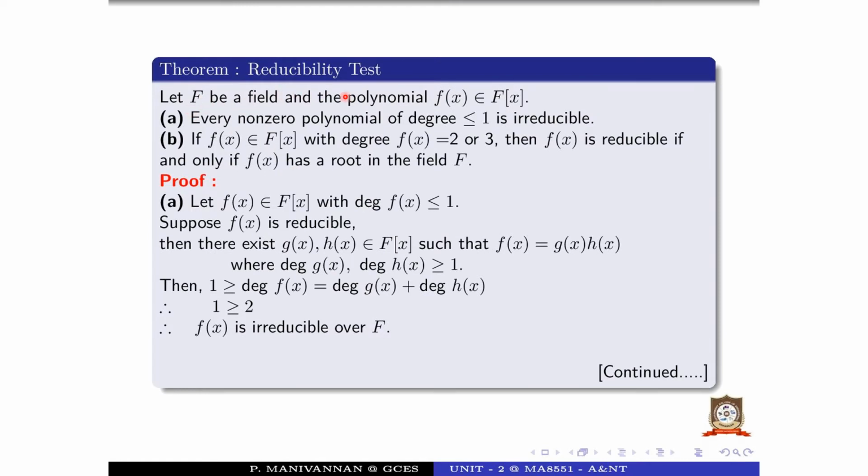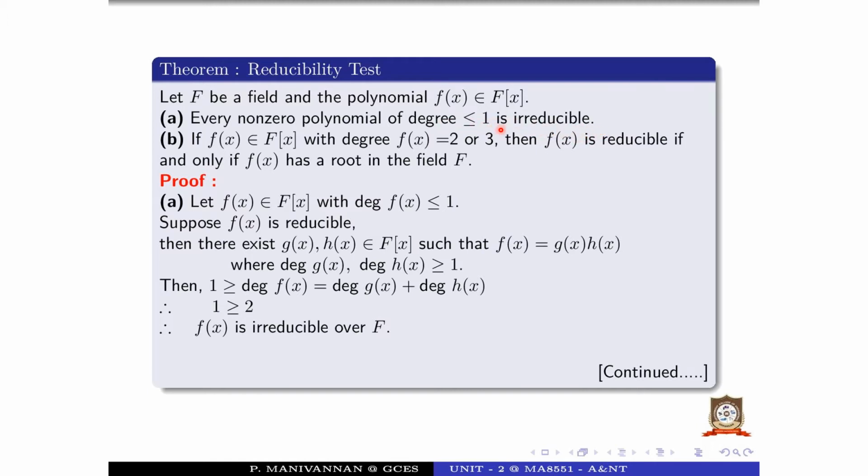Theorem, reducibility test. Let F be a field and the polynomial f(x) belongs to F[x]. Point number A, every non-zero polynomial of degree less than or equal to 1 is irreducible.